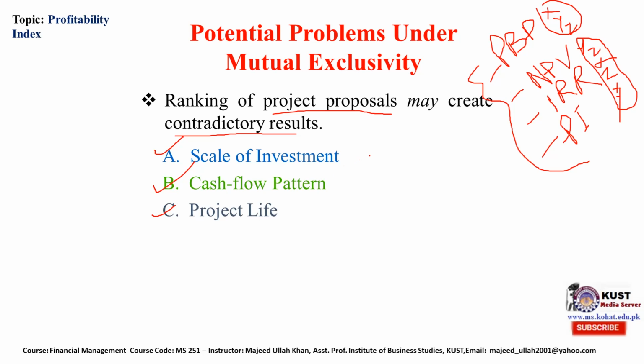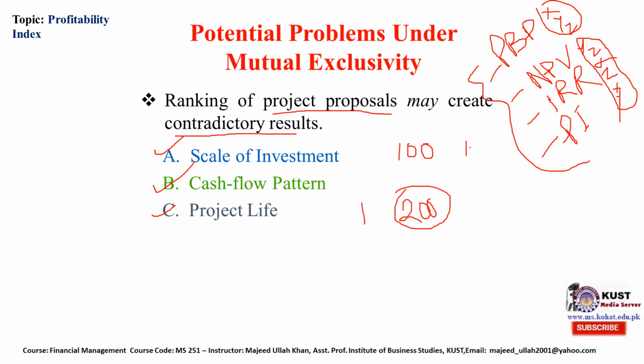Scale of investment is, let's suppose you invested 100 rupees, and it gave you 200 rupees in the first year. The profitability index would be near to 2.